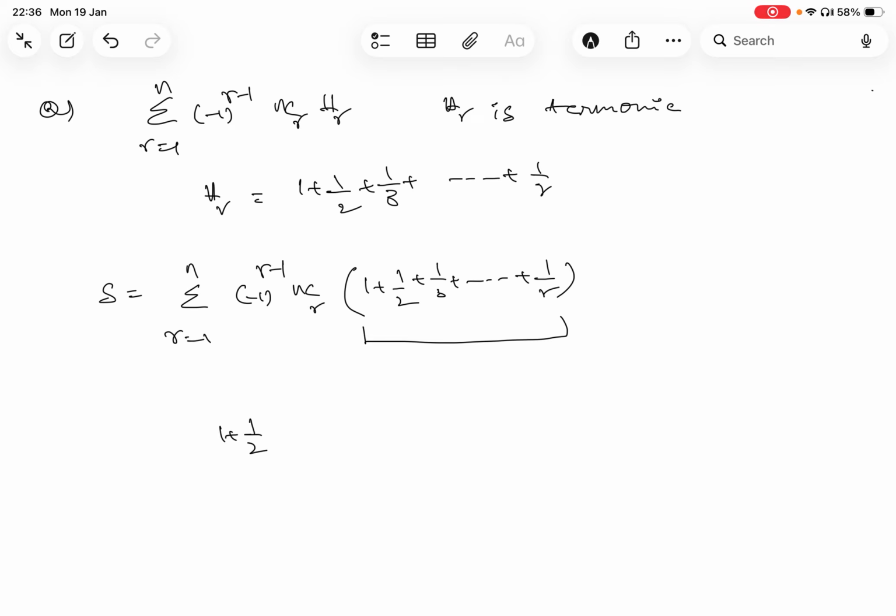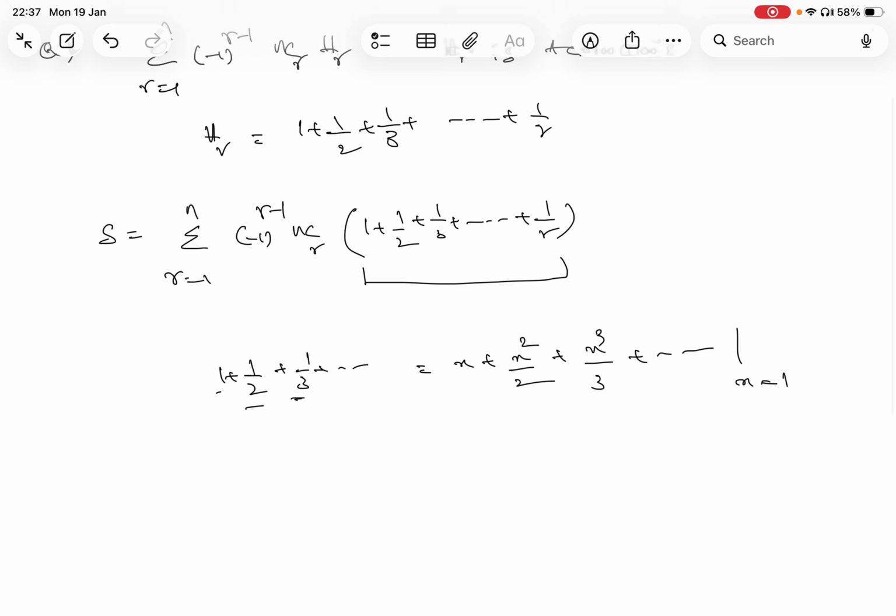This can be written as x for 1, x square by 2 for 2, x cube by 3 for 3. These two will be equal when x equal to 1, when LHS and RHS are the same.